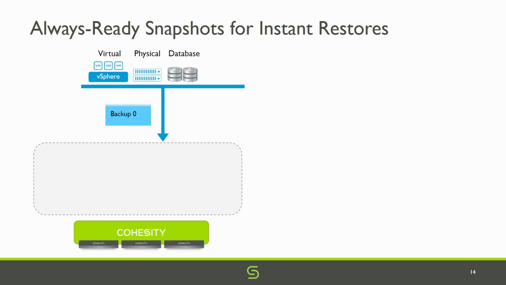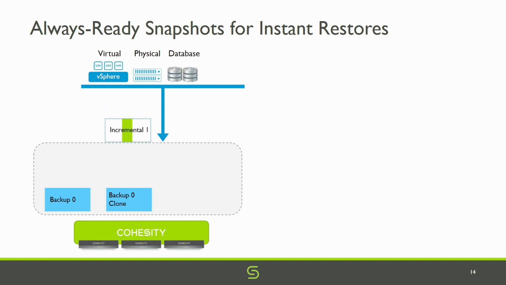So when we take a backup, the first full backup is going to be taken just like with other backup software. We're going to take that first full image, we're going to keep it as a file on our file system. When the next backup comes around, what we're going to do is we're going to spin up a clone of that first full backup.